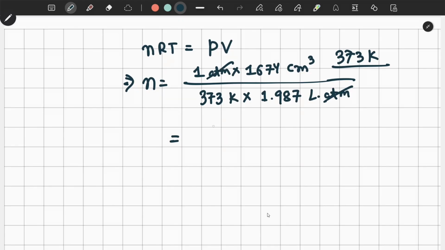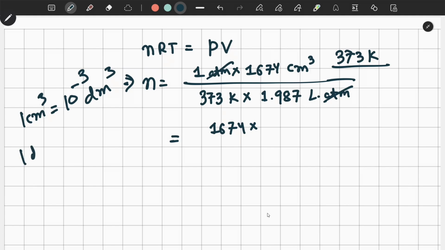To convert, 1 centimeter equals 10 to the power minus 1 decimeter. So 1 decimeter cube is 10 to the power 3 centimeter cube.